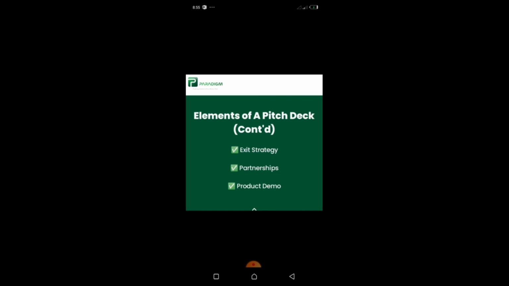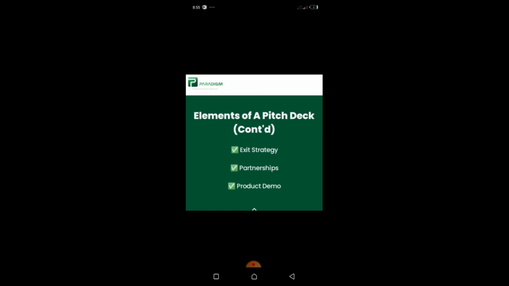Then we have partnerships. Partnerships means that if you have some partners that you work with, that make your business a success, then you need to let your investors know. For instance, at the Paradigm, we have a few partners too.